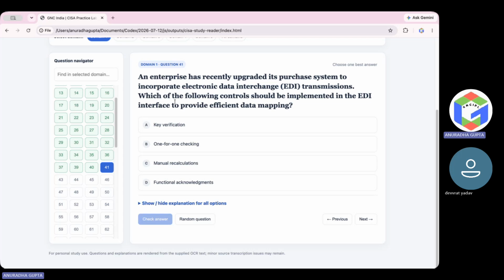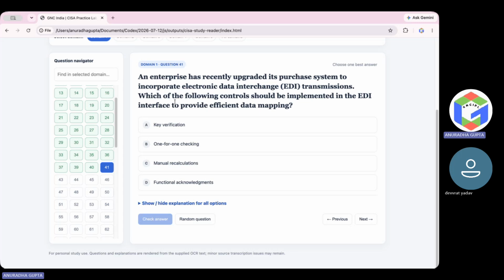So the question is: an enterprise has recently upgraded its purchase system. Earlier they had a not very robust purchase system, so they recently upgraded it to incorporate EDI transmission. They are now capable of doing financial transactions.